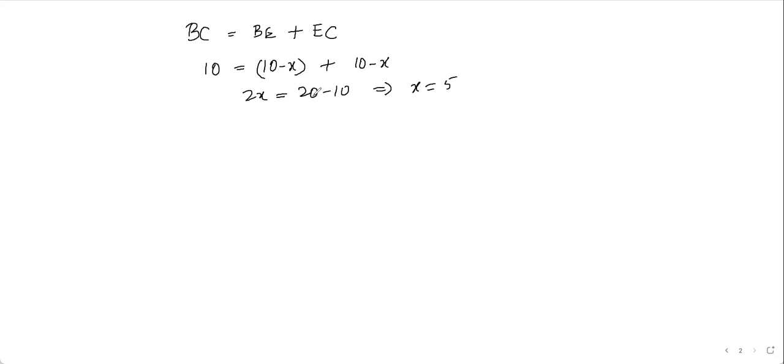Now let us substitute the value in the given information and find the value of BD, which is 10 minus X, which is 5, and CF, which is 10 minus X, which is 5 again.